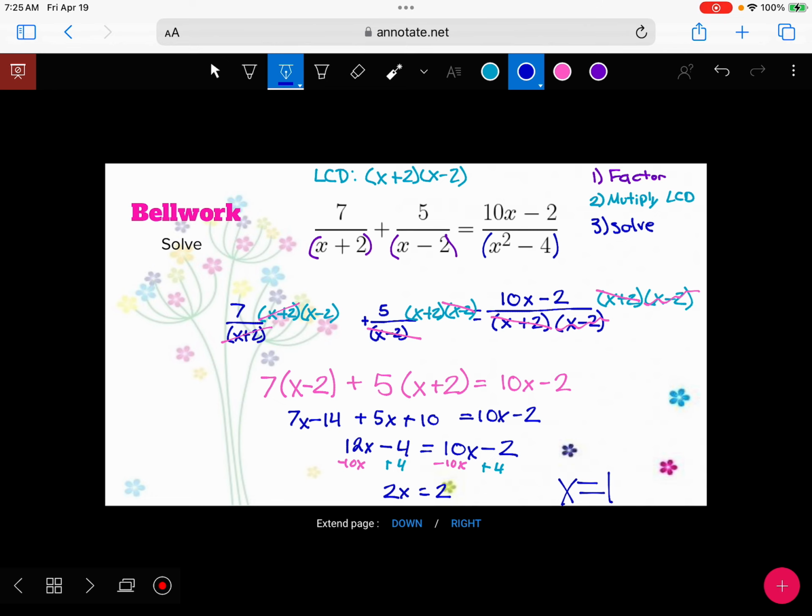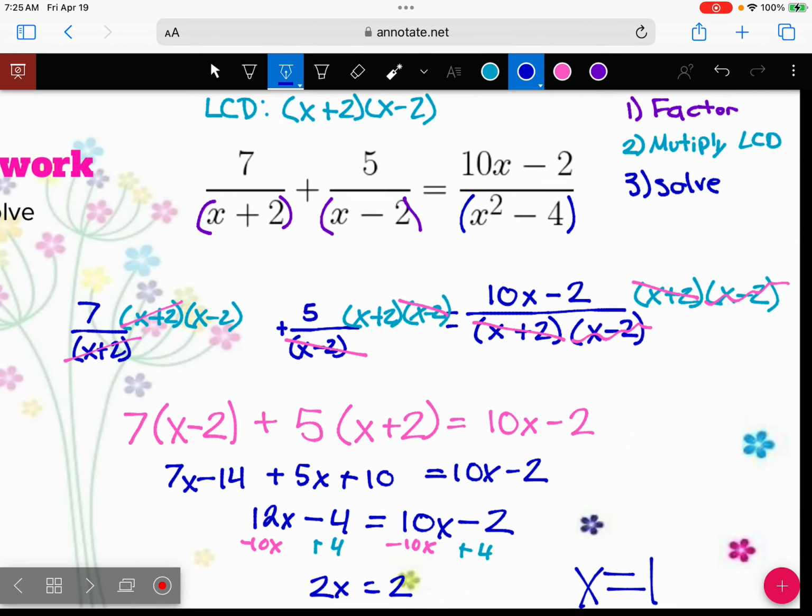Our last piece is we have to check our answer. And the easy way to check our answer is to double check that when we substitute this in, my denominator is never 0. That rules out any removable discontinuities as well as the asymptote. So it lets us check everything. So if I substitute 1 in for x, is my denominator 0?